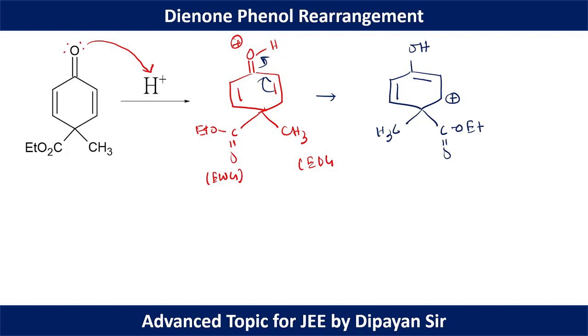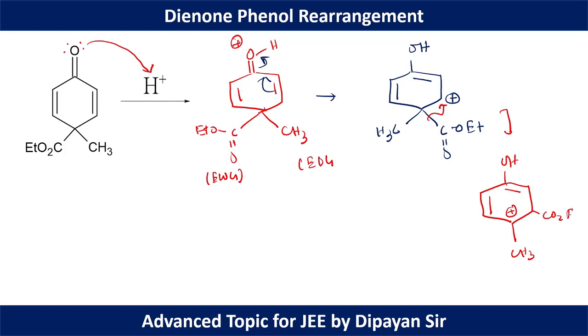Okay, so to stabilize the final carbocation, we need an electron donating group in this position. That's why we migrate this electron withdrawing group, and this kind of intermediate is going to be formed.